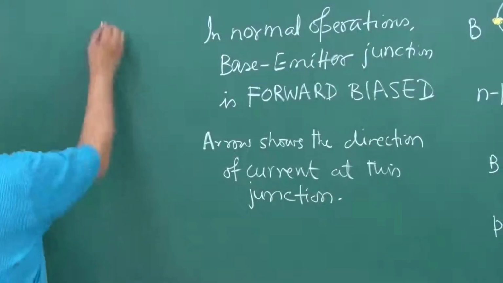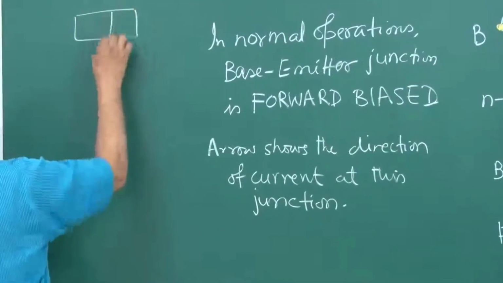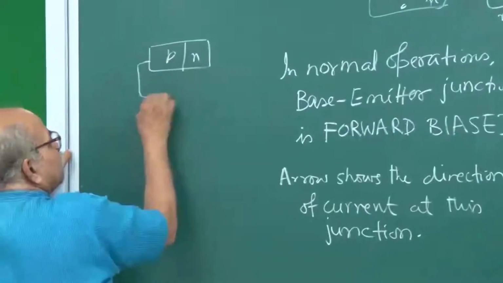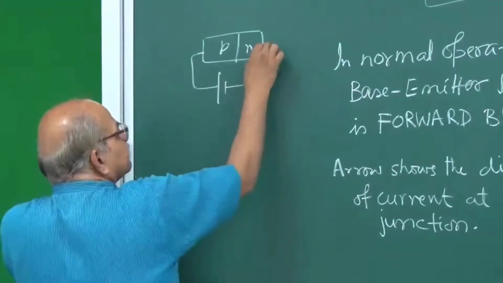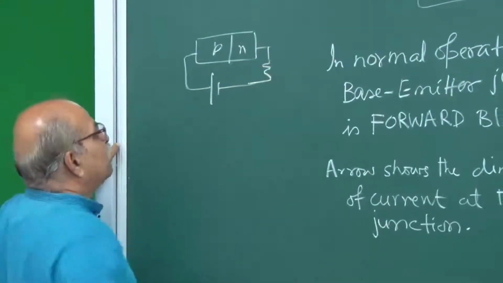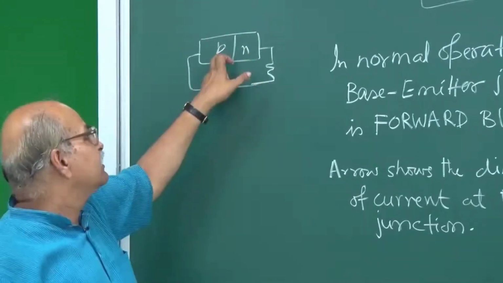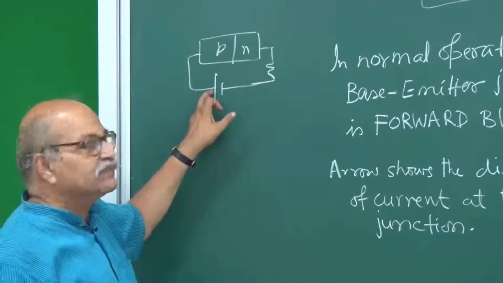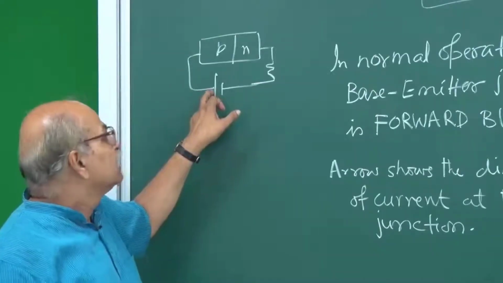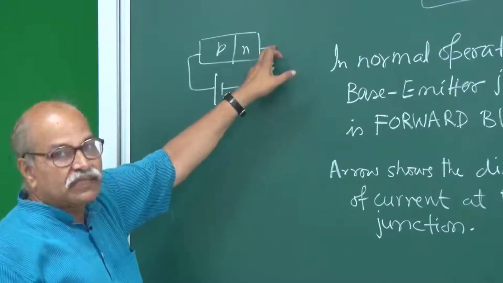If you have a PN junction and you forward bias it, the P side is connected to the positive of the cell or higher potential, and the N side is connected to the lower potential.